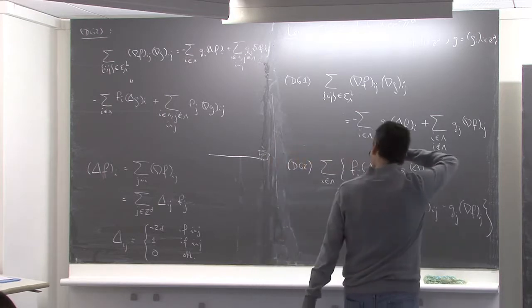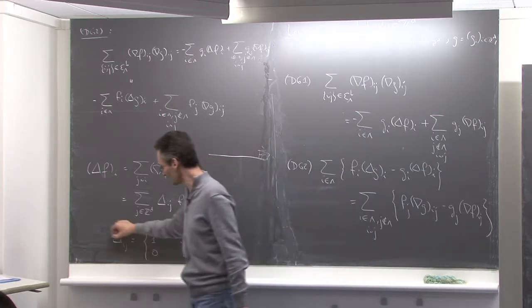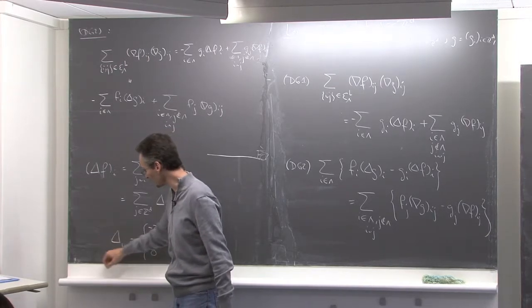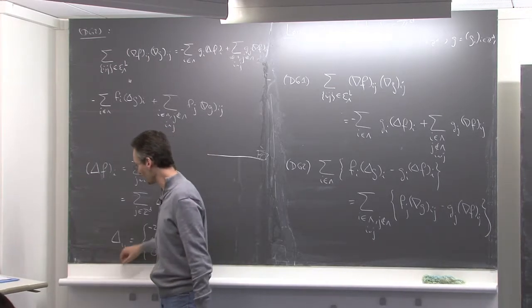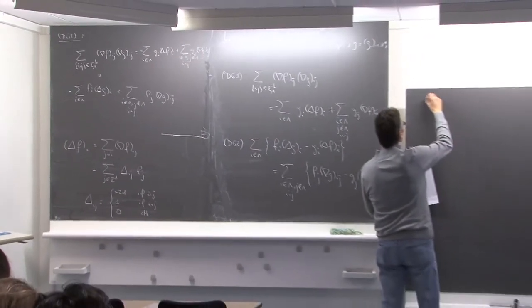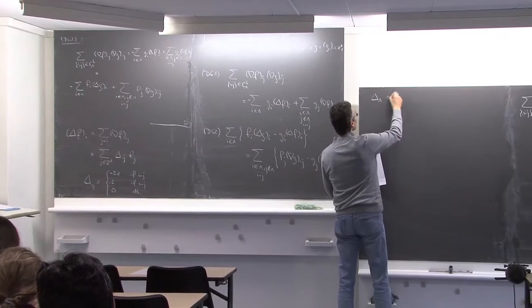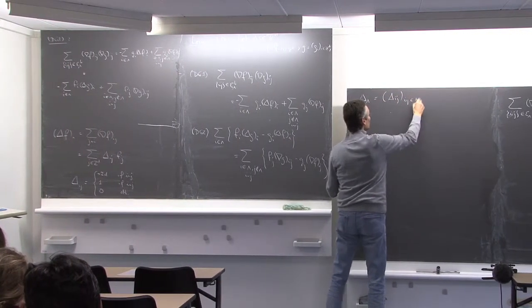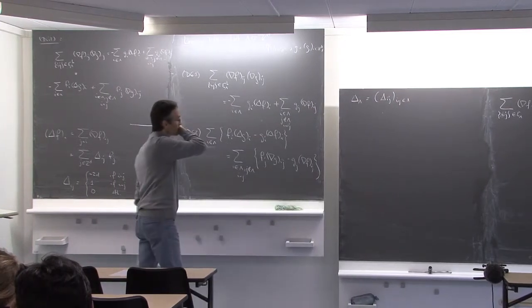And the second notation I need is to see this as, I mean, if I give myself a finite set Λ, I would like to look at the restriction of this to the set Λ. So I will denote it by Δ_Λ. So Δ_Λ will be the collection Δ_ij with i, j in Λ.